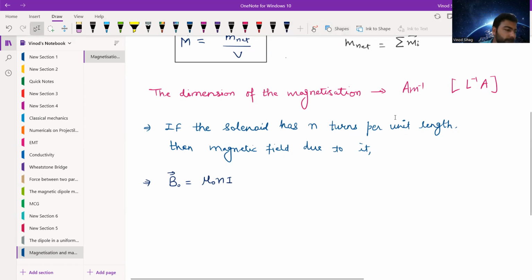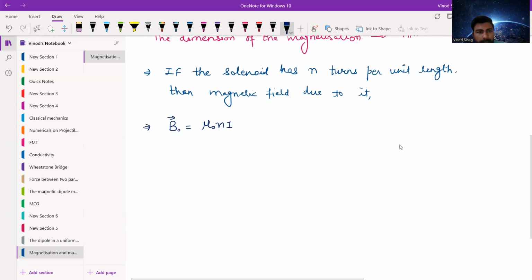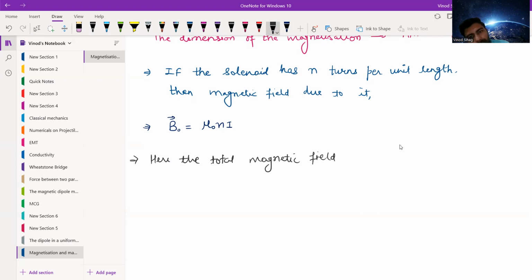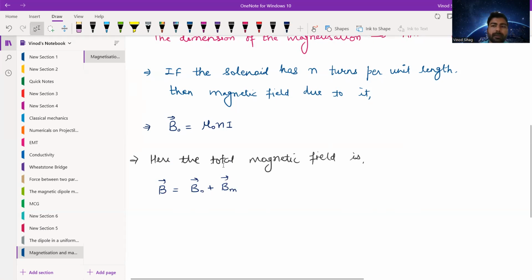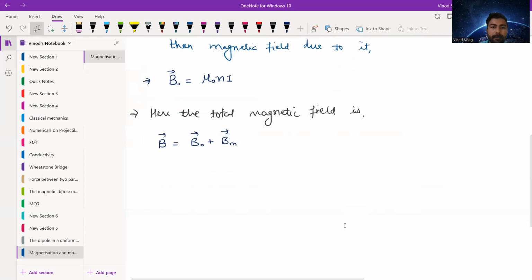So the total magnetic field is B vector equals B naught vector plus Bm vector, where the B naught vector is due to the solenoid, and the Bm vector is the magnetic field due to the magnetic material. Let me write that here.